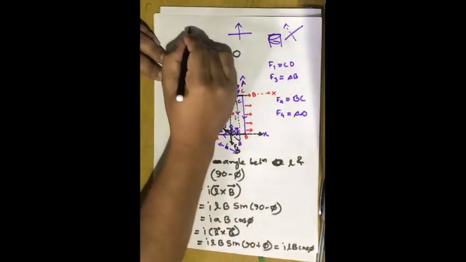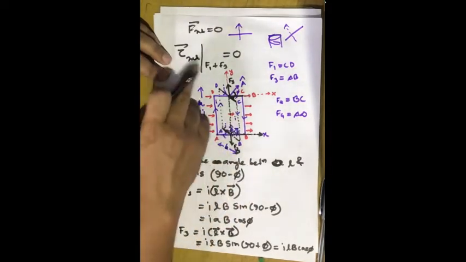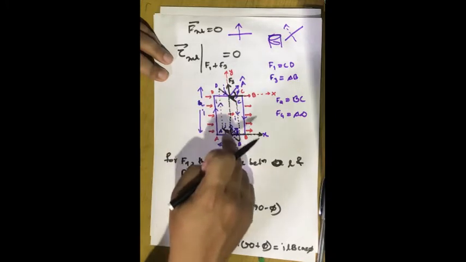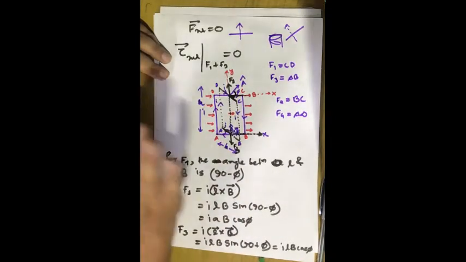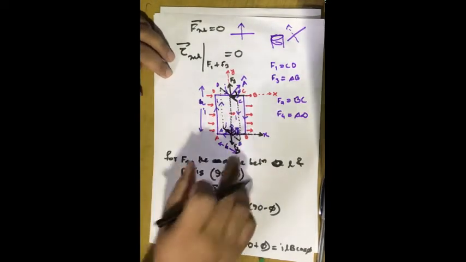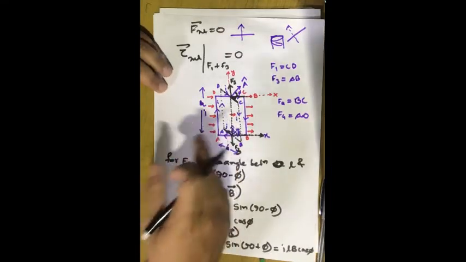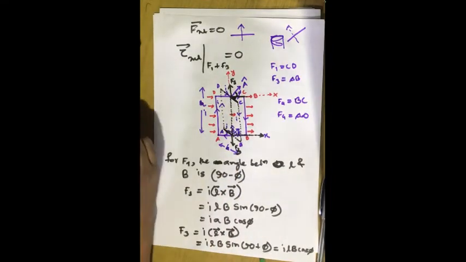So F net is also 0. F net is 0 for these two arms, and tau net is also 0 because these two forces are coplanar forces, and coplanar forces do not constitute any kind of torque. So we found that for CD and AB, those forces do not contribute to any net torque on the current carrying loop.